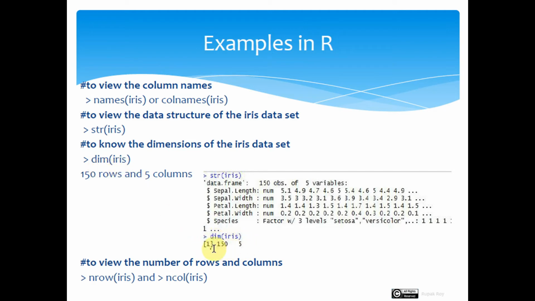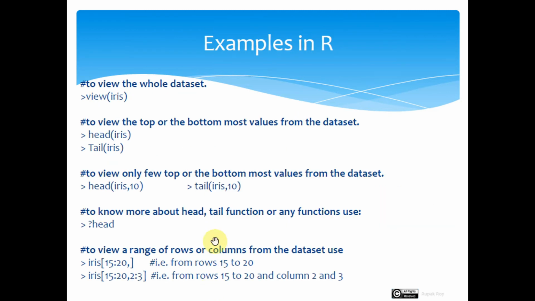To view the number of rows in the dataset, use the nrow function, and for columns, use ncol. And to view the whole dataset, simply type View with the dataset name saved in our R object. Head and tail give the top and the bottommost values from the dataset. Define the values to view a few top or bottommost rows of the dataset.